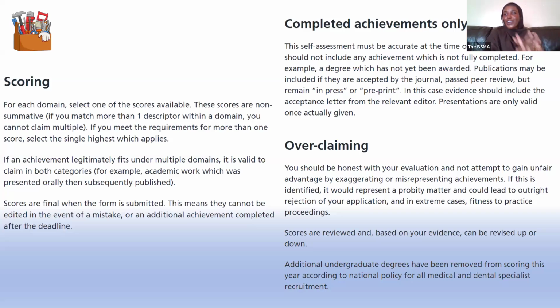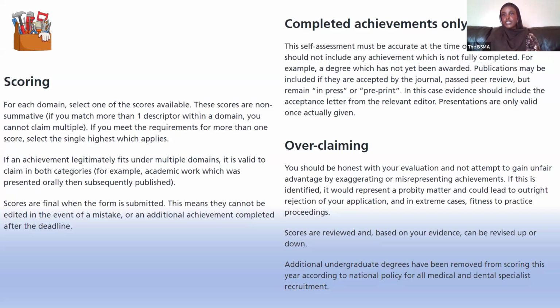Now, one thing that caught me out and catches a lot of people out, when you're submitting your application for higher specialty training, they care only about achievements that you have already achieved. So it doesn't matter that, for instance, you're in the middle of a really cool research project and you're about to get it published, or even, let's say it has been accepted, but the presentation is the following year.